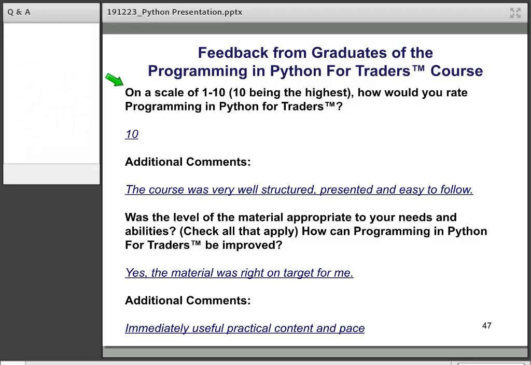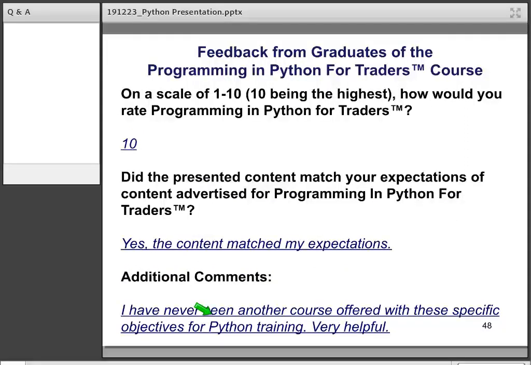So we ask people to rate the course, 10 being the highest. How would they rate it? You'll see a bunch of 10s, a bunch of 9s and 10s, but mostly 10s all the way through. Well structured, yes, the material is right on target for me, and immediately useful content in pace. You can see here, this next gentleman, number 10, you rated it a 10.